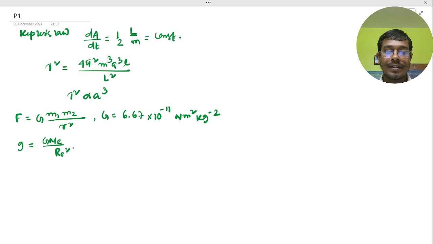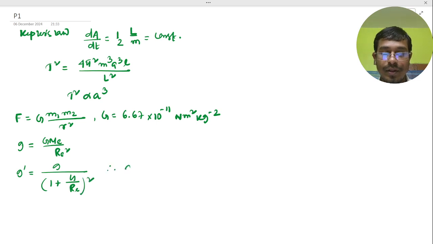After that, the variation in the value of g. If one goes a distance h above the surface, we have the formula g' equals g divided by (1 plus h by Re) whole squared.